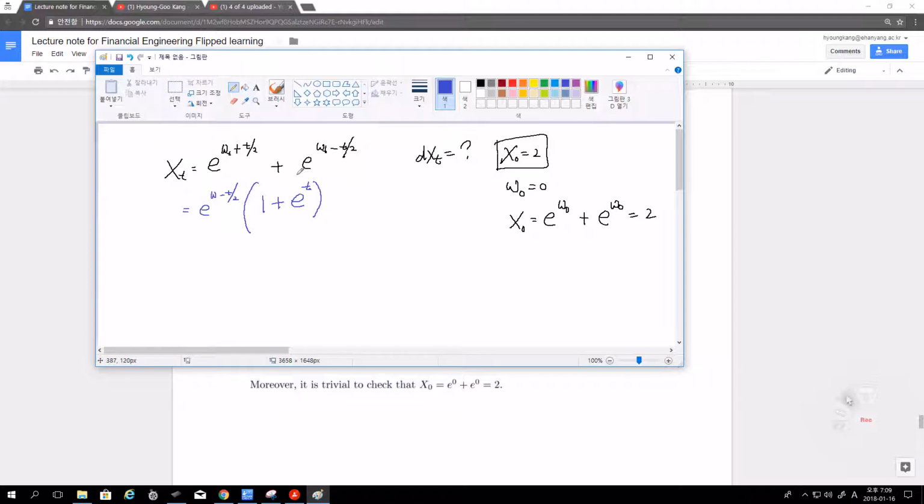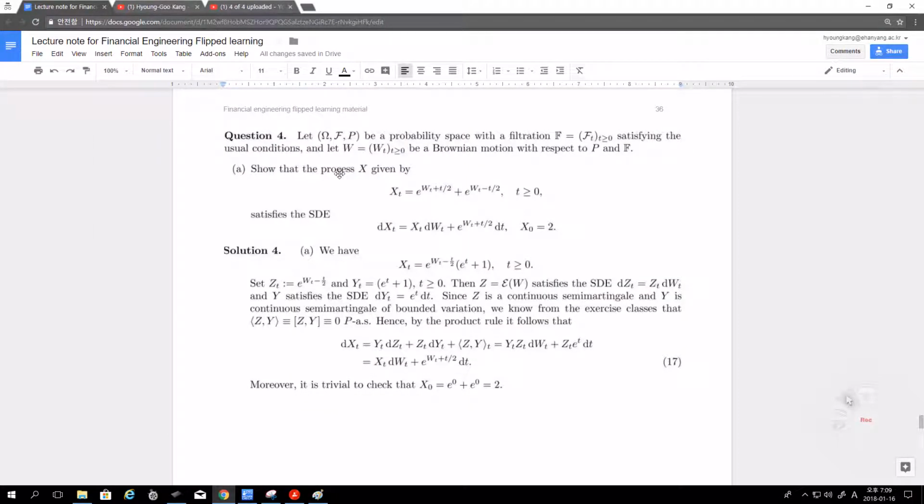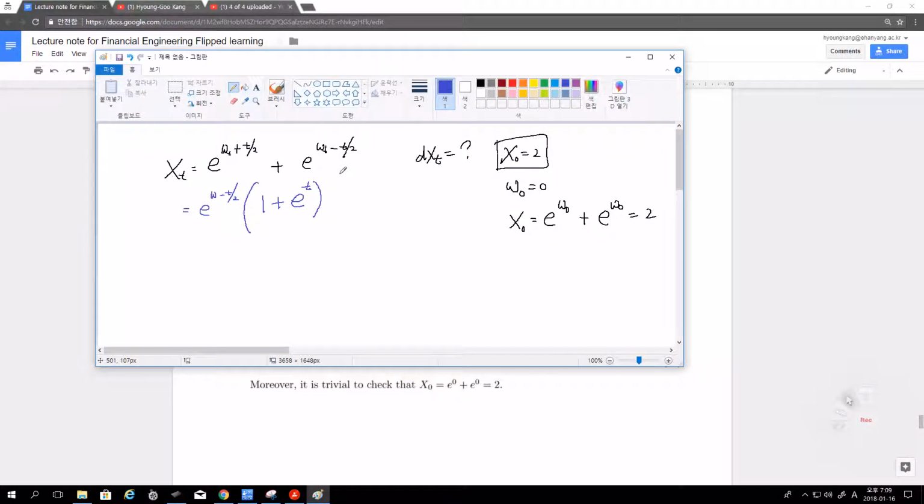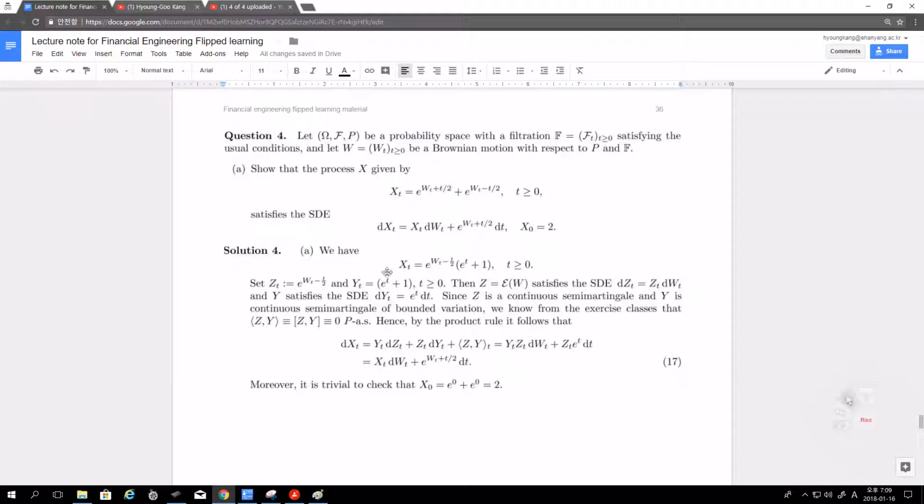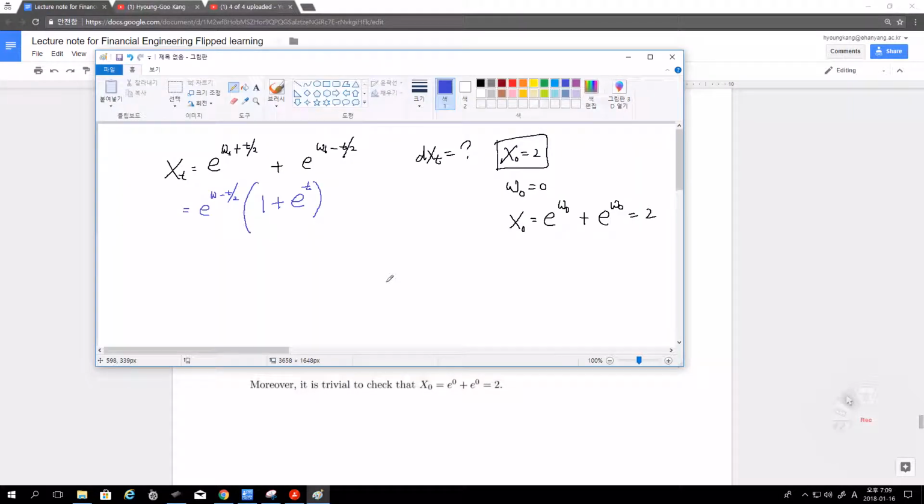So multiply this one, same to this one, multiply same to this one, right? And then, well, let's use notation over here. We can decompose this seemingly complicated function into two parts. Let's call this zt, and this yt.